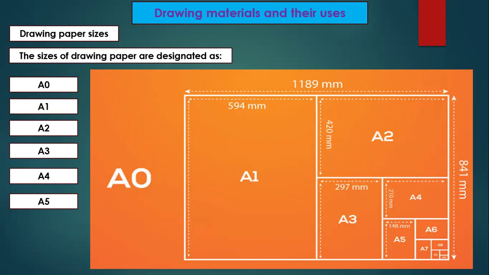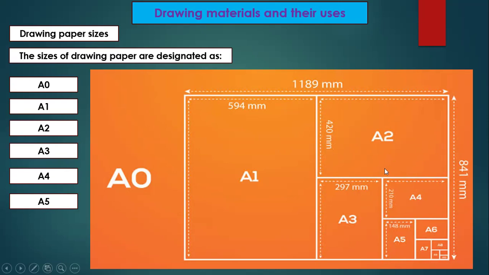Then if we are to get A2, we divide A1 into 2. We cut it along its length, and that's what you see here. We cut it along this line. Then this is the width of A2. The width of A2 is 420 millimeters, while the length of A2 is 594 millimeters, as we have here.